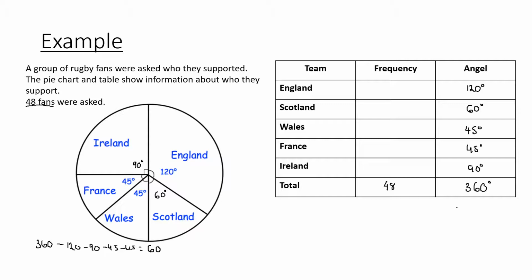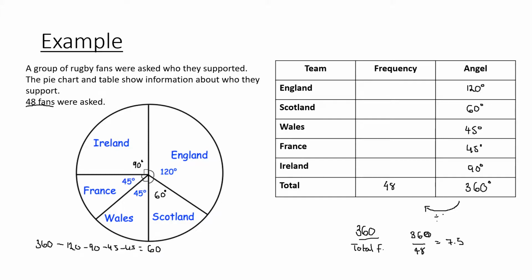Now, the way you're going to have to do that is find out what you divide 360 by to get to 48. So what do you divide it by to get to 48? And the way you're going to do that is you're going to do 360 divided by your total frequency. Okay, so it's 360 divided by 48, and when you do 360 divided by 48, you get an answer of 7.5.